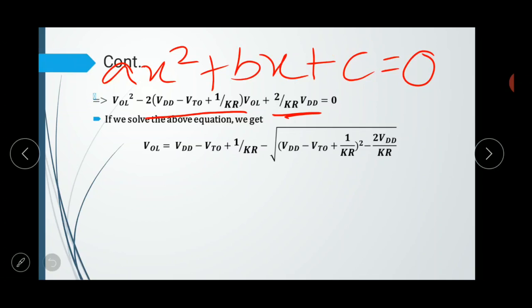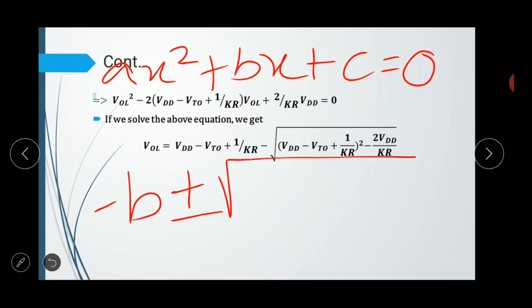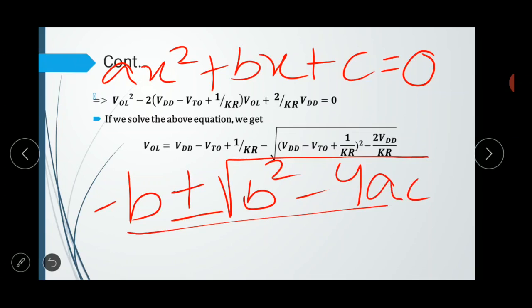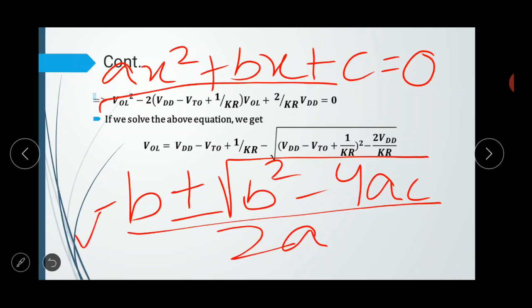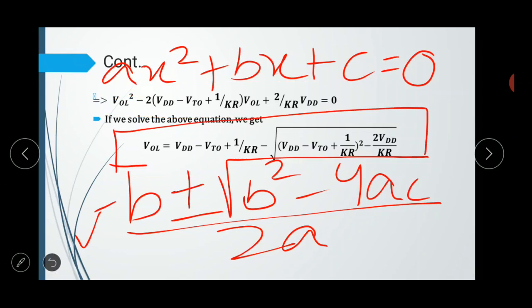Using the formula minus b plus or minus root of b square minus 4ac, over 2a, we solve the equation, and after solving we get the equation of VOL.